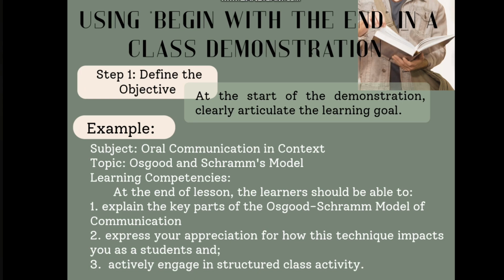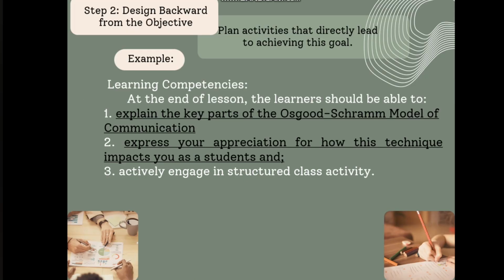Okay, moving on to step 2. Can you read it with me again? Design backward from the objective. Plan activities that directly lead to achieving this goal. This means planning activities that directly lead to achieving this goal or the goal of your lesson. After sharing the objectives, you must ensure that they are attainable during your teaching demonstration.